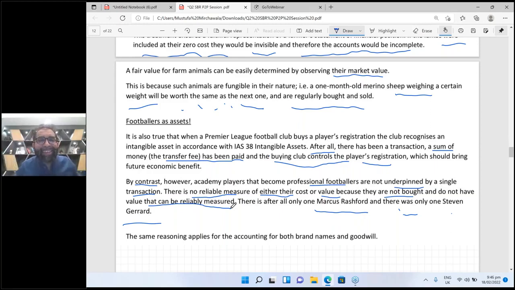But for internally generated goodwill, listen to me, how is internally generated goodwill created? By giving good service, by replying to the messages of students, by attending the call of a student at midnight. Just think, how can I value these efforts? By smiling at students, how can I value these efforts?